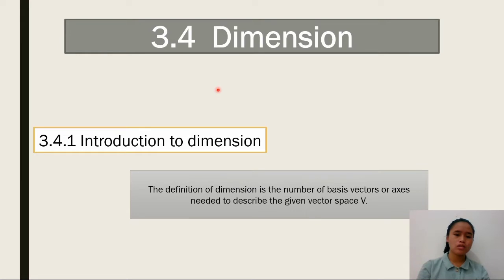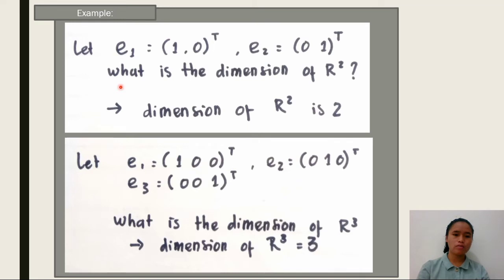Okay, 3.4 Dimension. We know the dimension, right? Introduction to the dimension. The definition of dimension is the number of basis vectors needed to describe the given vector space V. We have an example.